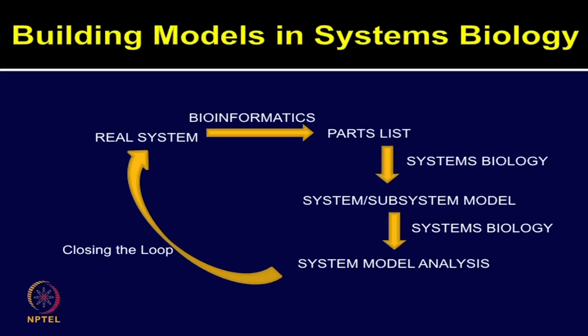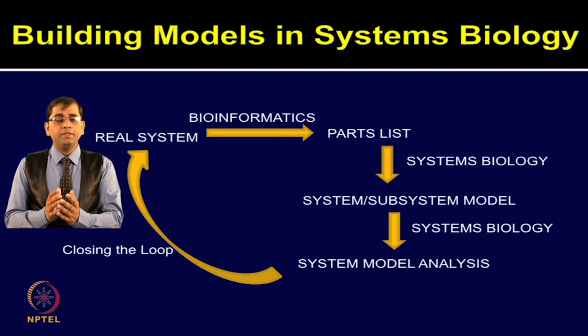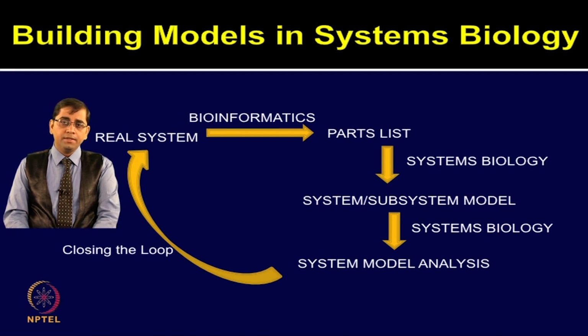Let us now talk about how to model biological networks. To build a model in systems biology, first of all, parts can be generated from the data sets derived from the systems biology approach. The system or subsystem model can be generated, which could be used for systems model analysis.